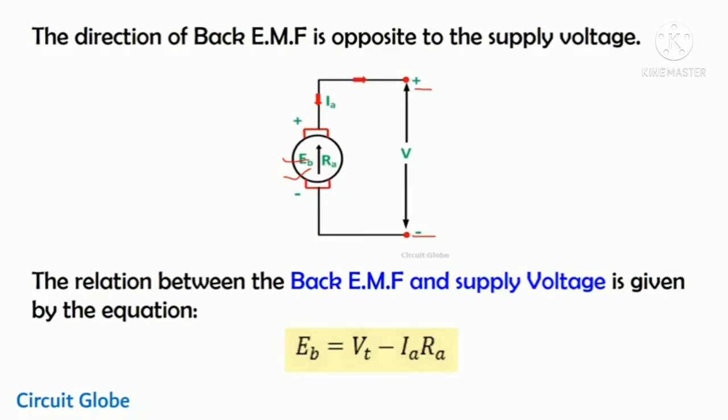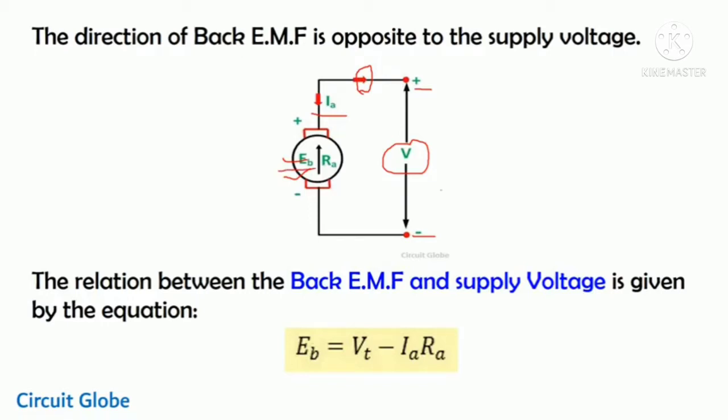Because of this EMF, current starts flowing in the conductor. This current opposes the current which is induced because of the main supply. Here also you can see the direction of the induced EMF opposes the supply voltage. Because the direction of the back EMF is opposite to the supply voltage, that is the reason we are calling this EMF back EMF.